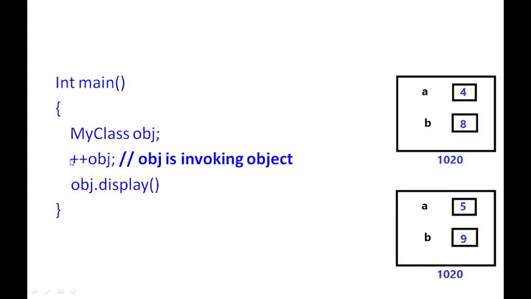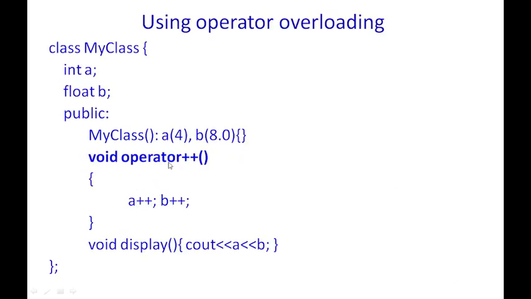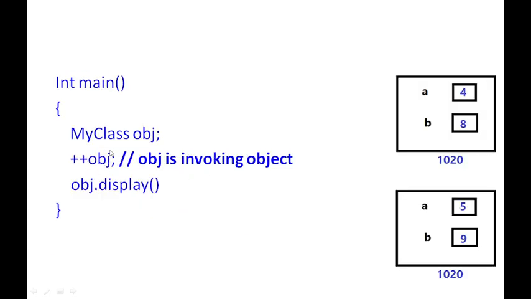After that, I am invoking the operator function for the object using the syntax plus plus obj. So plus plus obj is actually a way of calling this function called operator plus plus. You have to remember that this statement will be executed as obj dot operator plus plus.